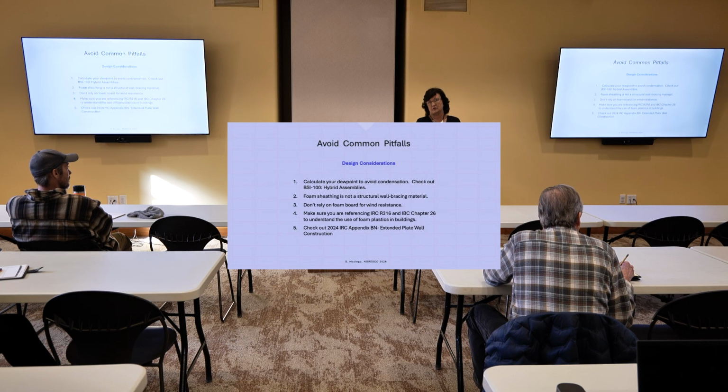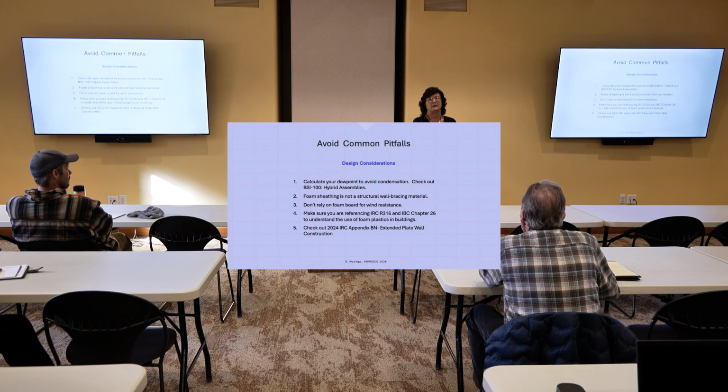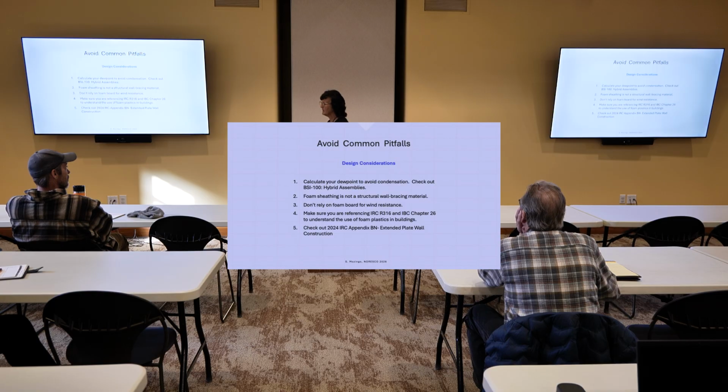It's basically a prescriptive method of creating a wall that might have an 8-inch plate with a 6-inch wall, and then you can have your continuous insulation. It's just a prescriptive way of doing that. It's pretty handy. I don't see a lot of people using it, but at least they're trying to come up with ways to make continuous insulation easier to install.